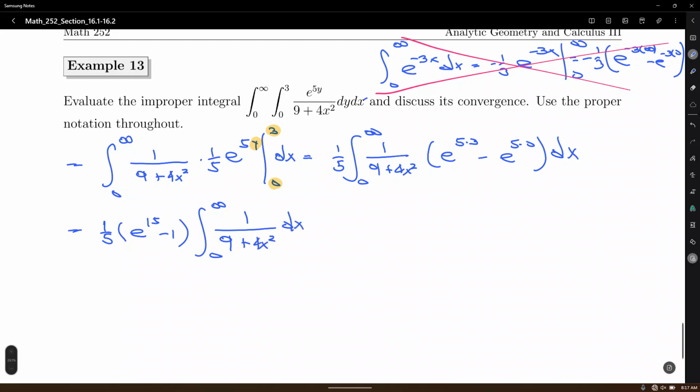Okay, here is where we need to be careful with our notation, how we set up the improper integral. To begin with, again, we can't just do operations with infinities. So instead, I'm going to write this integral as 1/5 e to the 15 minus 1 times the limit as b approaches infinity of the integral from 0 to b.